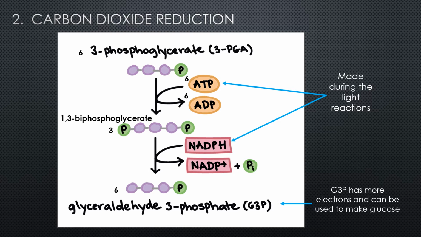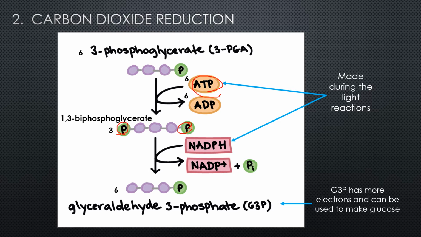So we start with what we ended with in the last slide, which is the 3-PGA molecule, and we have 6 of them at this point. And so we're going to phosphorylate that by using up an ATP, and so our intermediary step is 1,3-bisphosphoglycerate, and so you'll note here that we have 2 phosphate groups on that. And this ATP came from our light reaction.